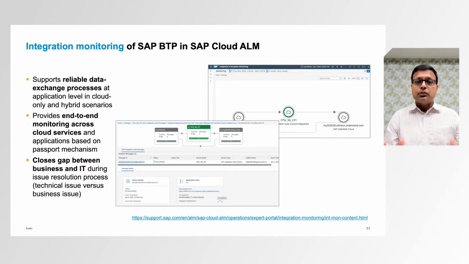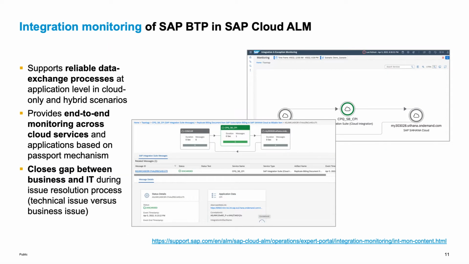So this is quite useful when you have a complex landscape where applications are talking to each other, if there is app-to-app integration, app-to-government integration, third-party integrations, and so on and so forth, where in one single window, you'll be able to track end-to-end the message flows from one system to another. You can have a topographic view on how these messages are going from one place to another, and then be able to even trigger resolution procedures, which I will show you in the second part of my presentation.